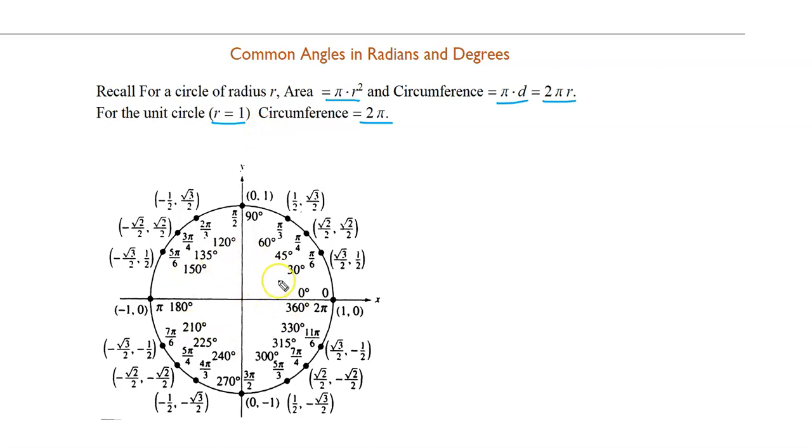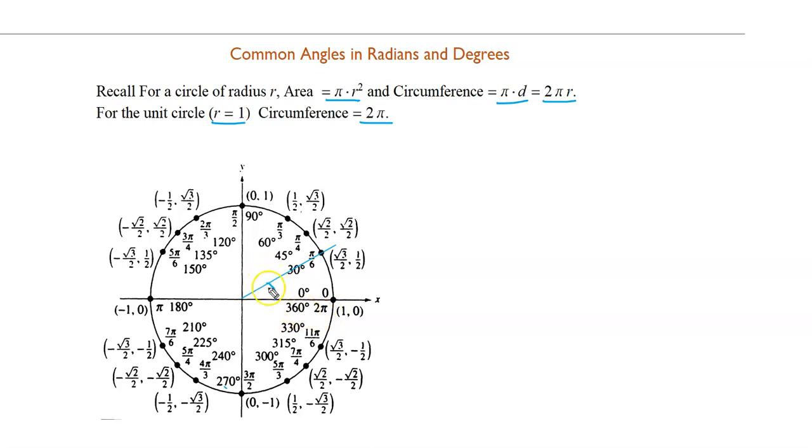Now down here we have a graphic illustrating the correspondence between degree and radian measure for some common angles. For example, 30 degrees, which would be this angle right here, corresponds to pi over 6. 45 degrees corresponds to pi over 4, 60 degrees is pi over 3, and so on. 90 degrees is pi over 2, 180 degrees is pi, 270 degrees is 3/2 pi, and 360 degrees is 2 pi.